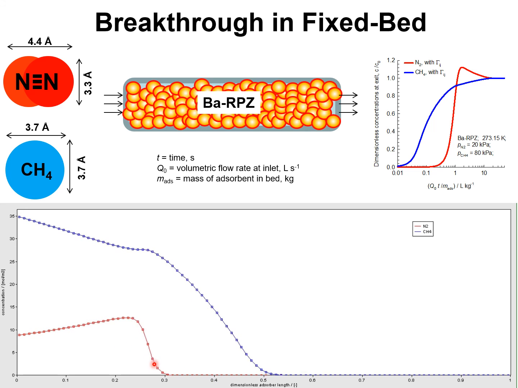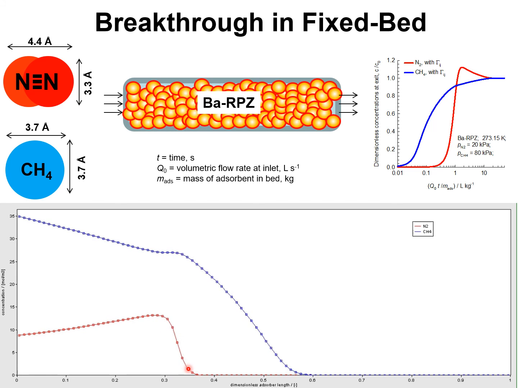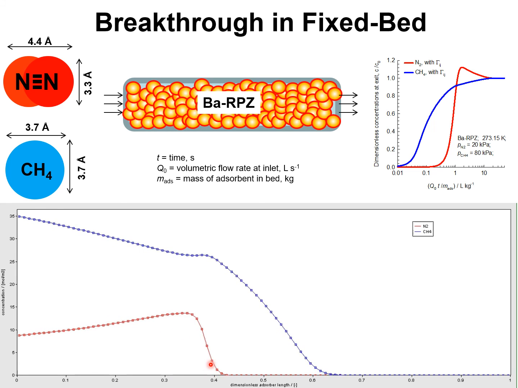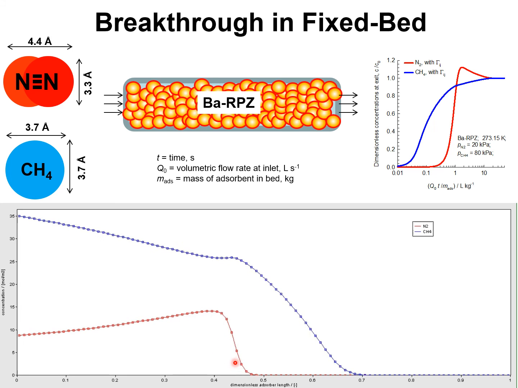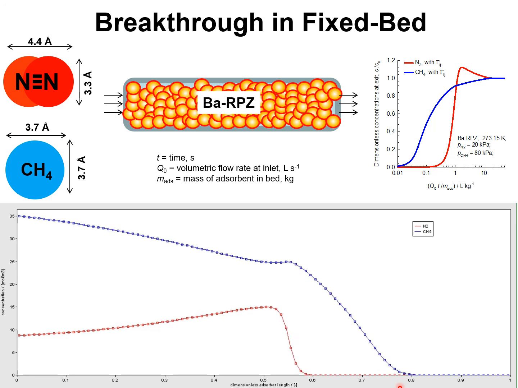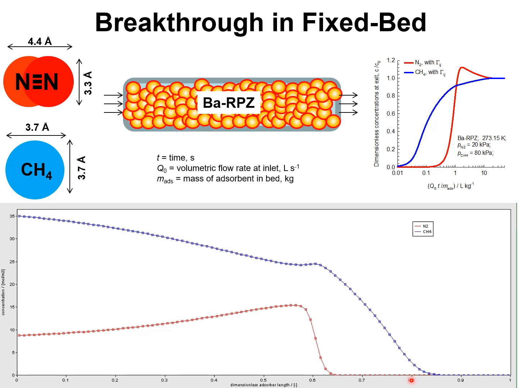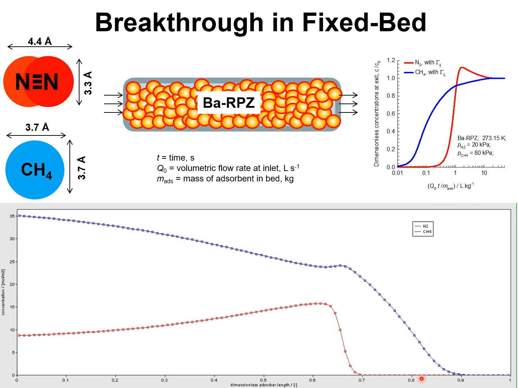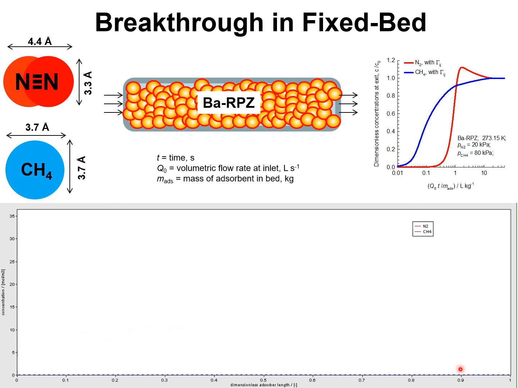Nitrogen being preferentially taken up within the pores moves along the bed slower than methane that is rejected into the gas phase, and methane elutes the bed earlier than nitrogen, and the pipeline specifications for methane can be realized.